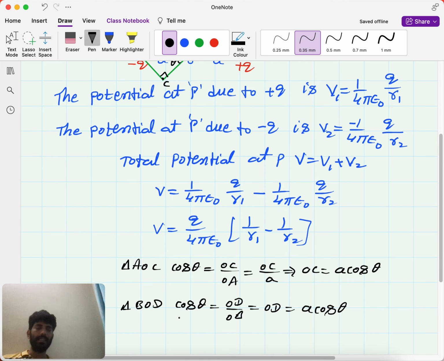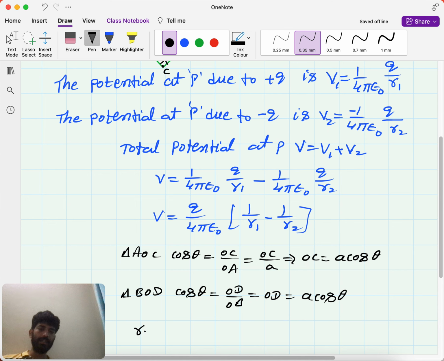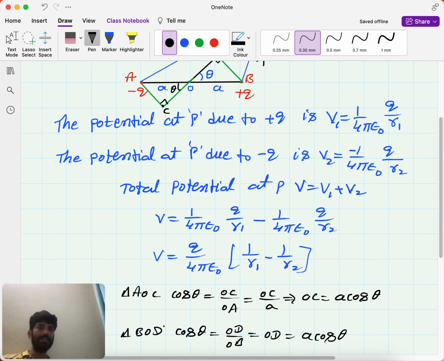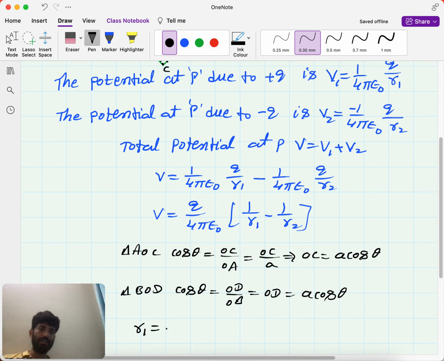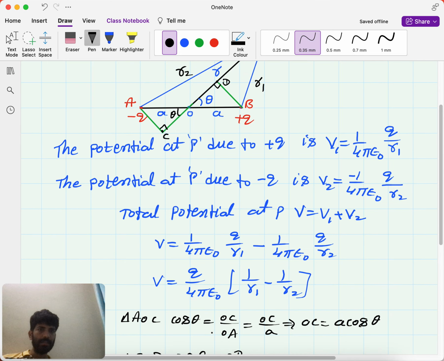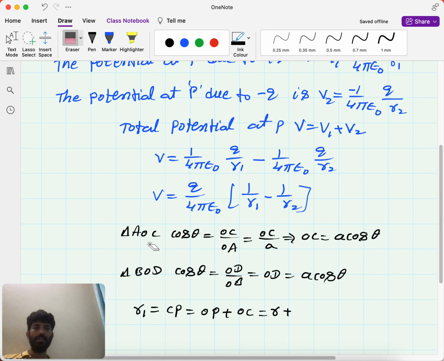So from the diagram, r2 is equal to CP, that is equal to OP plus OC.